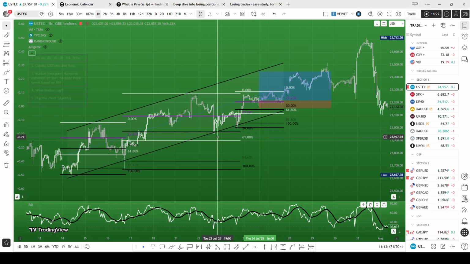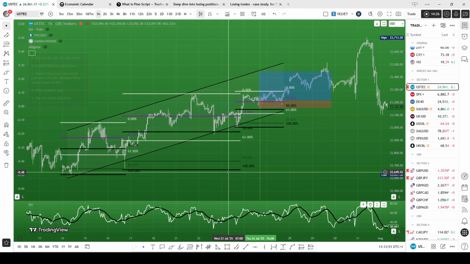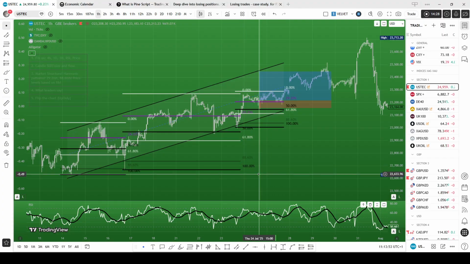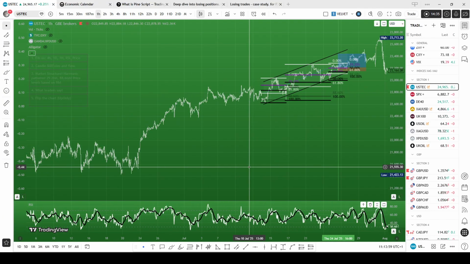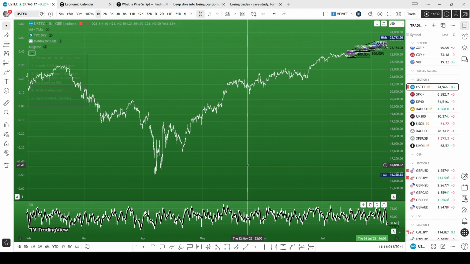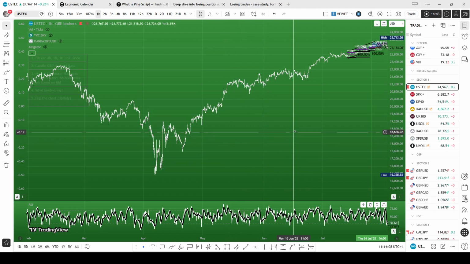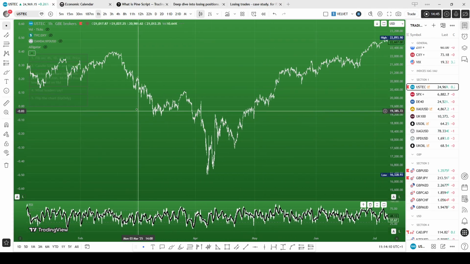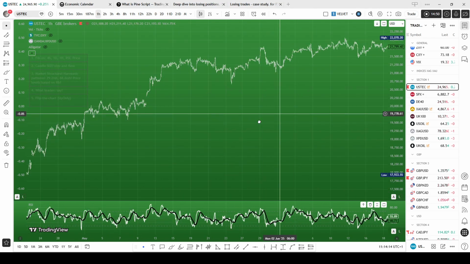Nasdaq, US Tech, 24th July, entered long. There was a time in Nasdaq where it traded aggressively, mainly upwards. Unfortunately, I wasn't around actively trading Nasdaq that time, but it gave very nice setups time after time.